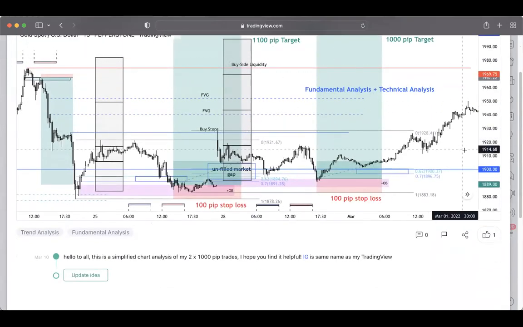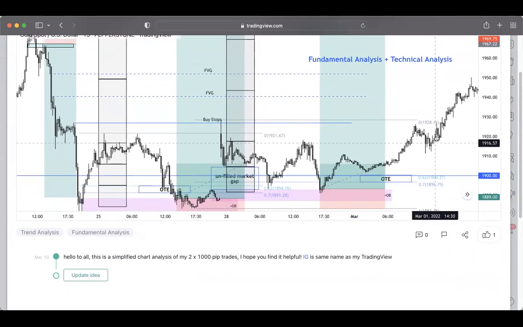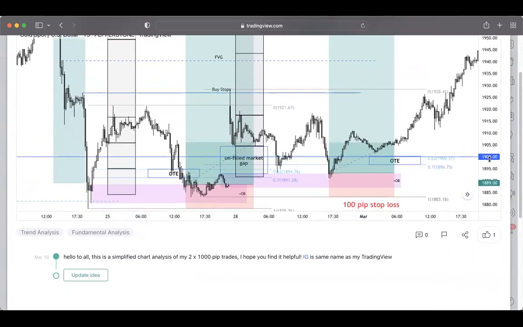If anybody remembers these trades on gold, the main idea with the standard deviation itself, just as a reminder, is that you want to look at the standard deviation levels, and you want to use the amount of standard deviations until it is aligning with something.